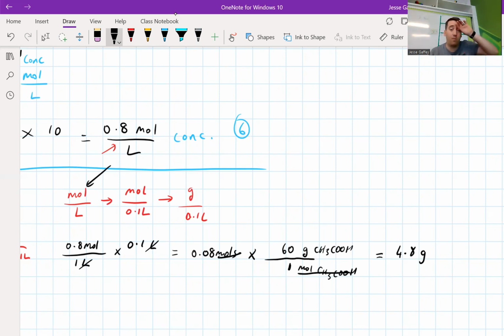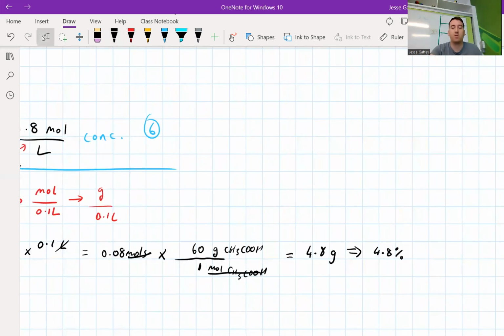So that means there are 4.8 grams in 0.1 liters, which we can rewrite as 4.8%. So the solution of vinegar is 4.8% ethanoic acid. The other 95.2% is probably just water, all right?